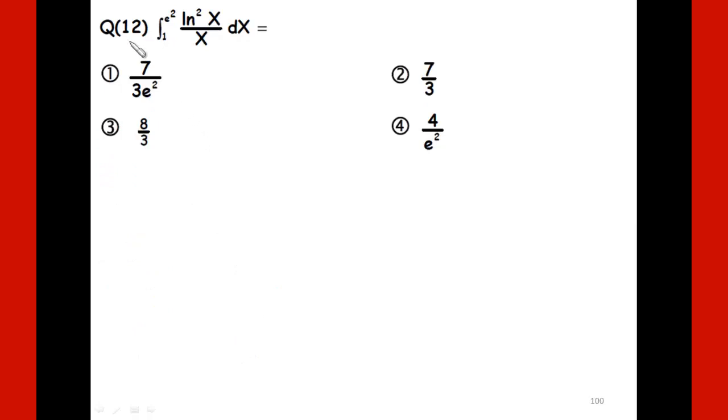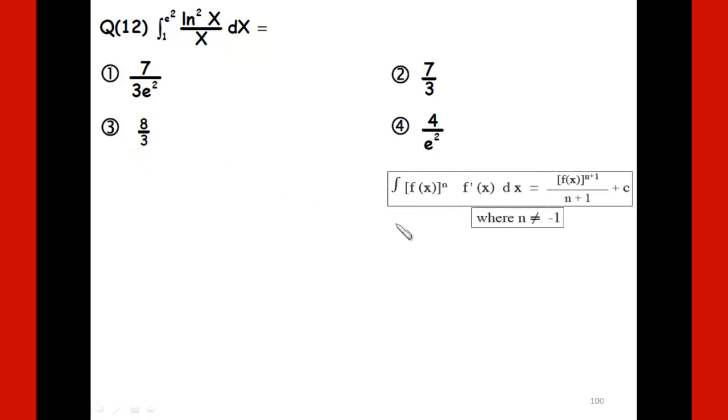Now question 12. The integral from 1 to e squared of ln squared x over x dx with respect to x. One of these results. First, remember that the integral of f of x power n multiplied by f dash of x dx equals f of x power n plus 1 over n plus 1 plus c.